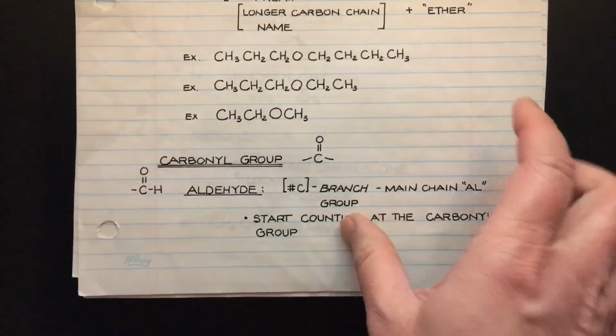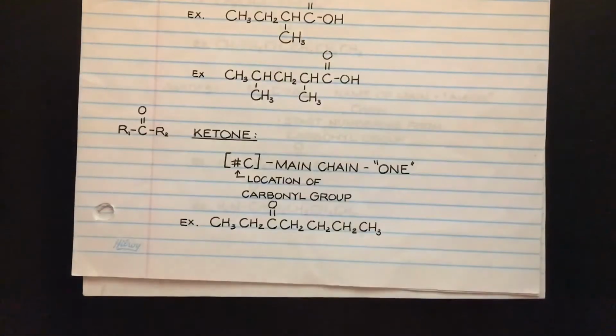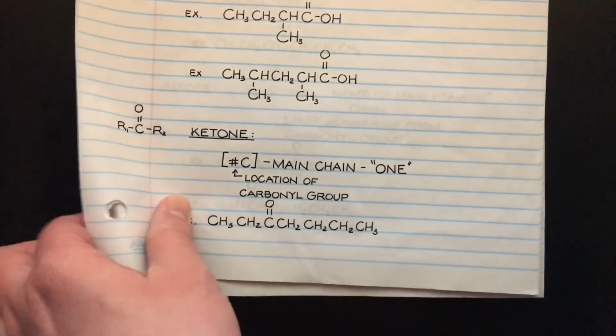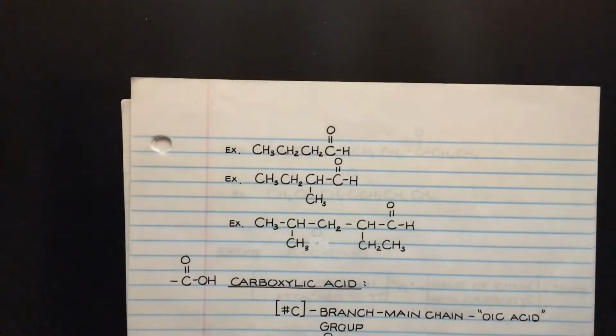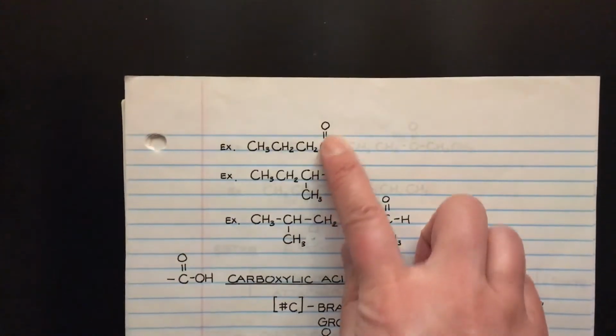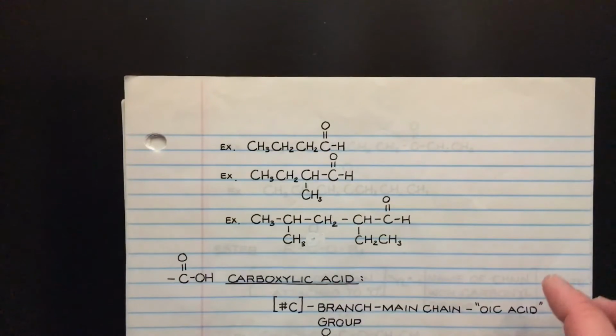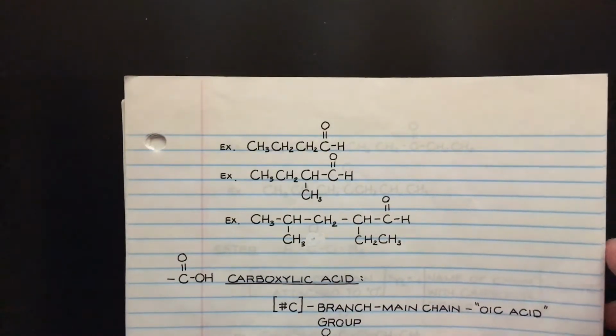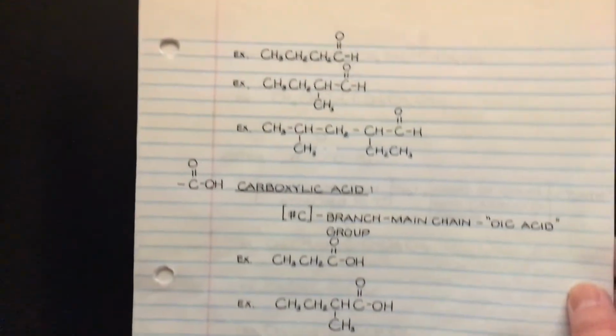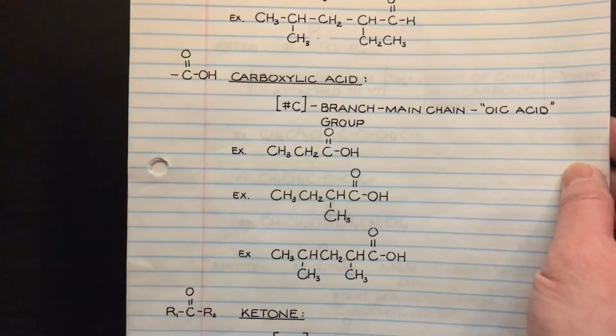So if you were to take a look at how it is represented, what you will see is that you have the C double bond O with an H right over here, and that is going to be your representation of your aldehyde group. Now, the next one that we take a look at is something called a carboxylic acid.